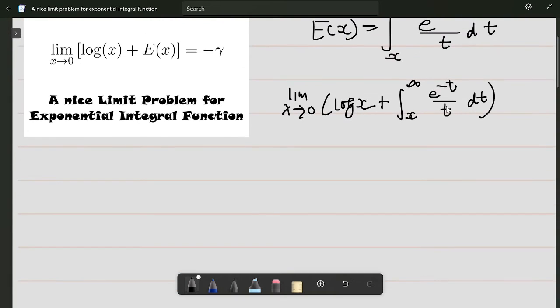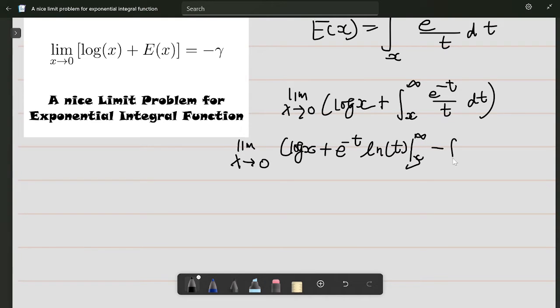Now if we try to use integration by parts over here, we will have the limit as x tends to 0 of log x plus e to the power minus t times ln of t from x to infinity, and minus the integral from x to infinity of minus e to the power minus t and then ln of t dt.